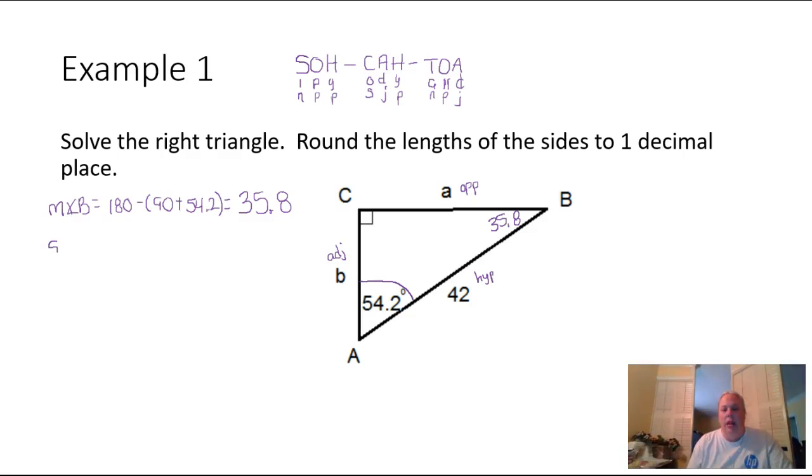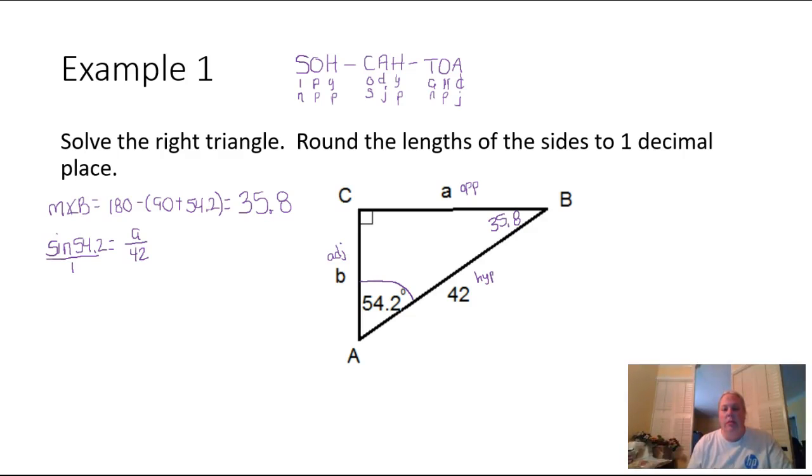We're going to use the sine function. So the sine with respect to my angle A, which we know is 54.2 degrees, is going to be equal to the ratio of the side across A divided by the hypotenuse, 42. And if I put this side over 1, I can cross multiply to solve this.